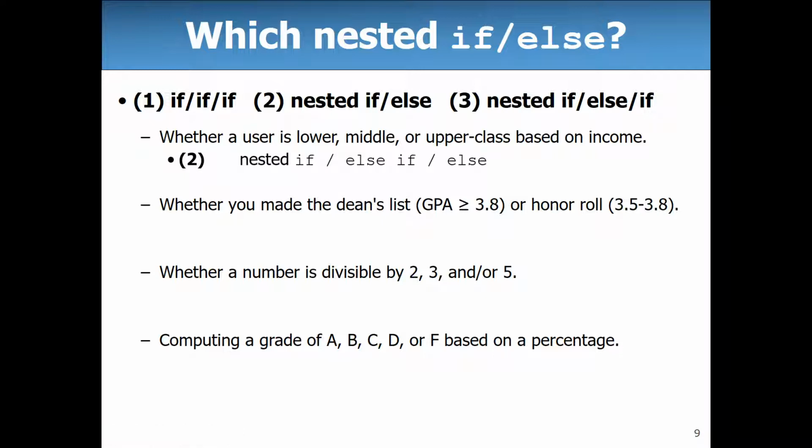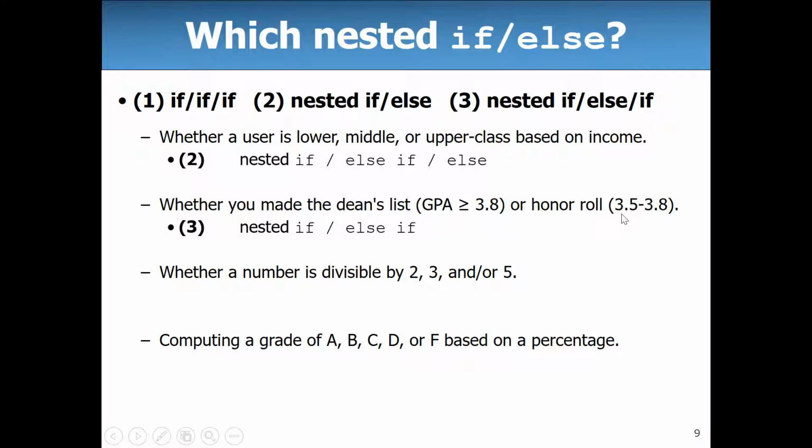If, else, if, else. Whether you make Dean's List or Honor Roll, you can make either of those or none of those. So it's got to be one of these 3.